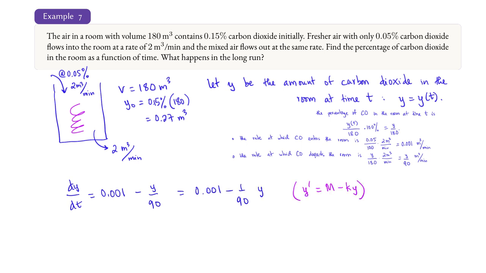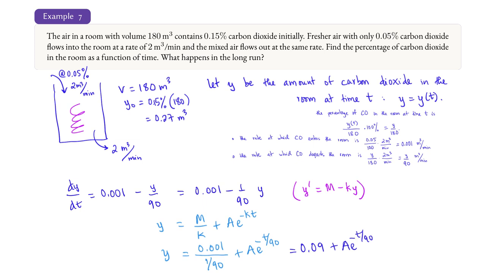We recognize that this is of the form y' = m minus ky, and so we solved it already. The solution is y equals m over k plus a e to the negative kt. m is 0.001, k is 1 over 90, and a is the unknown constant. Simplifying this, we get 0.09 plus a e to the negative t over 90.